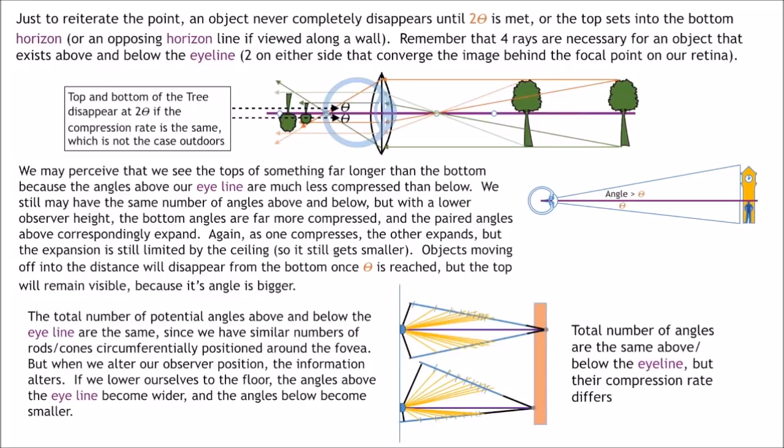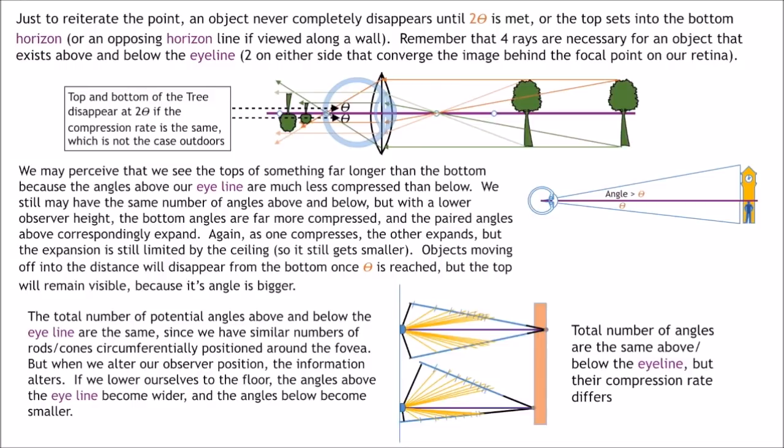But the two common methods would be if 2 theta is met, or the top sets into the lower horizon, since the lower horizon is usually much closer in than the aspects above our eyeline. In other words, the floor is usually compressing an object much more than the ceiling, since the ceiling, in the case of the sky, is much higher.